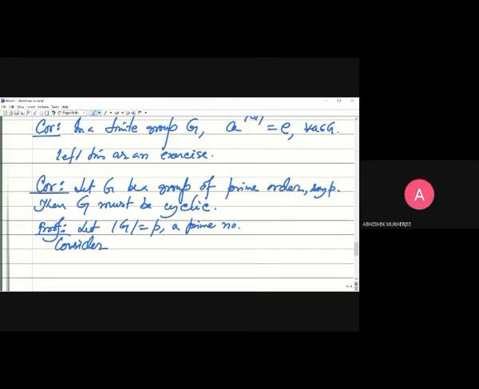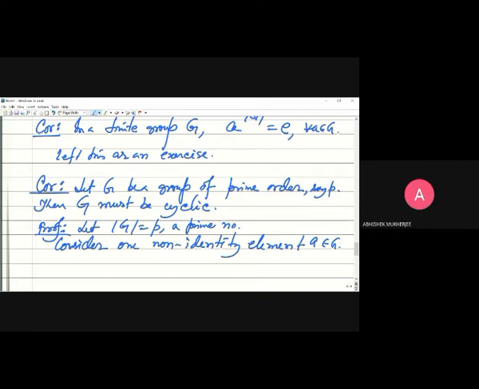One is identity and another one is non-identity. At least two elements, right? So consider one non-identity element a belongs to G.